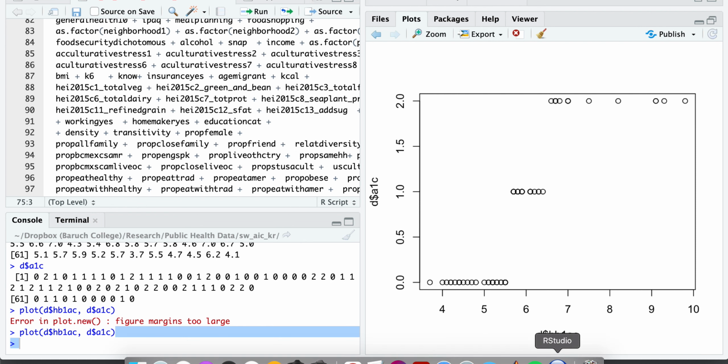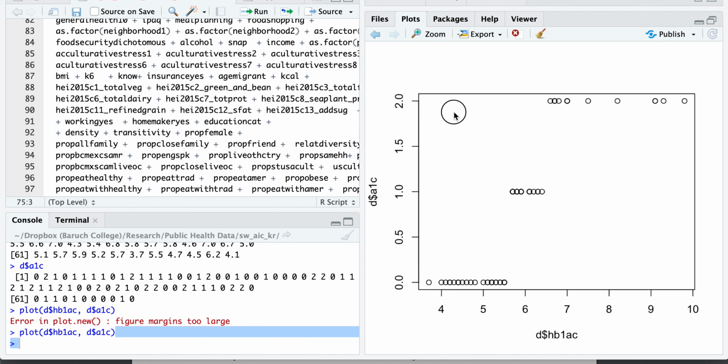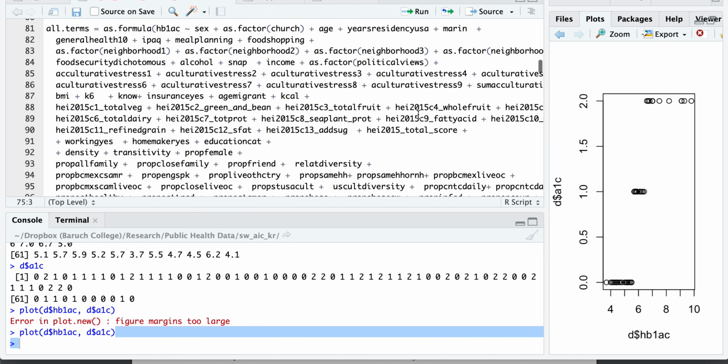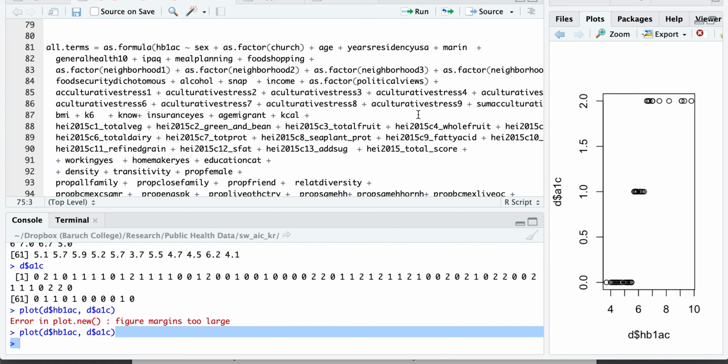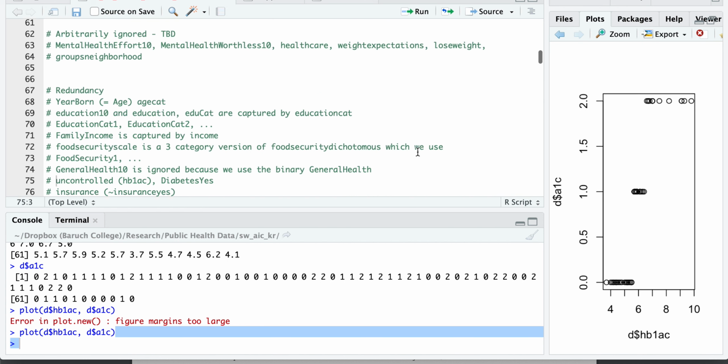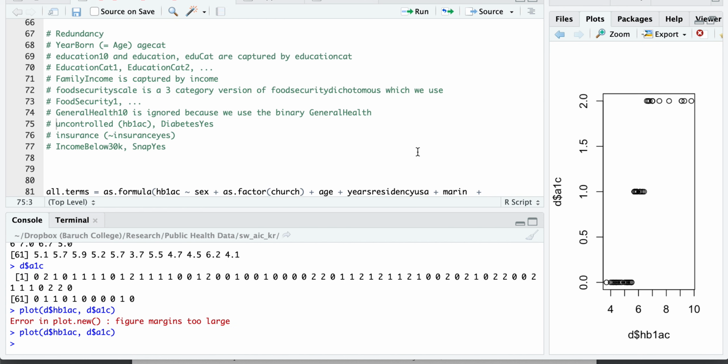Okay, so let's just remove it. That's why it's good to take these notes, so later when you come and look at your code, you know why you did what you did. So just put this, no A1C.